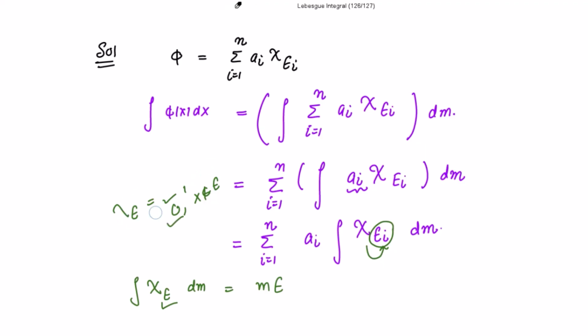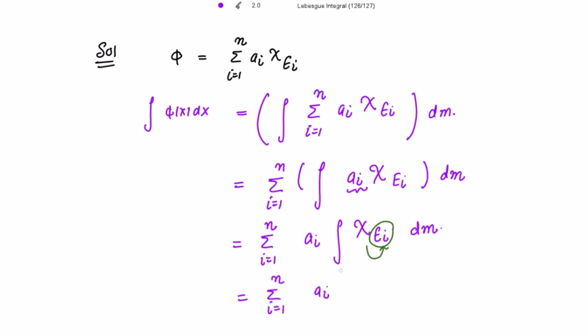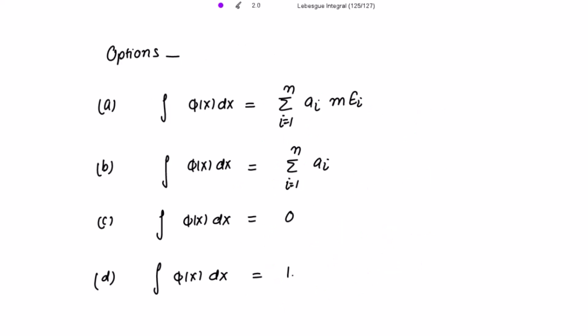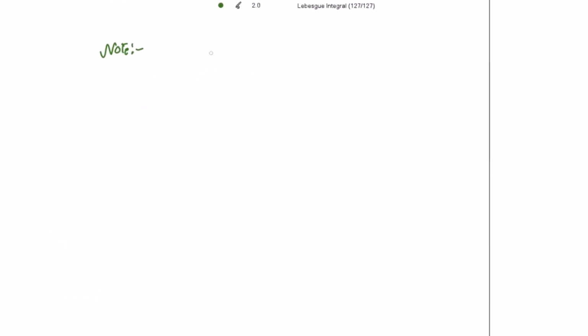So the integration of this characteristic function for this measurable set e is equal to the measure of e. So this is equal to the summation i going from 1 to n ai. The integration for this is the measure of ei, right? So which option is correct? Option A is correct.